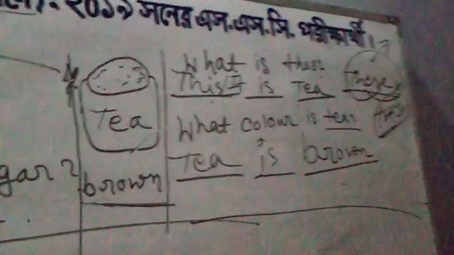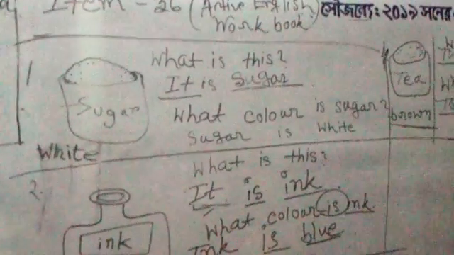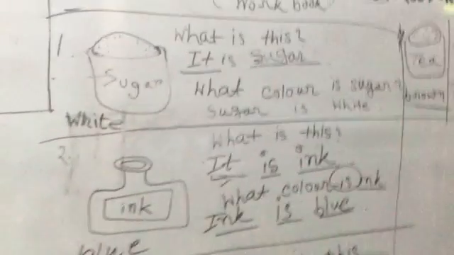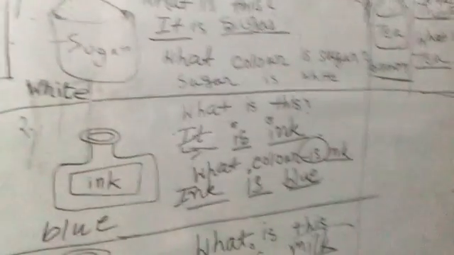Okay, so these are all the questions that you have to solve in this way. Sometimes you will just have to write down the name of the thing, and in some cases you have to alternate the whole sentence, as the second one is given below. Then sometimes you have to make the questions also.